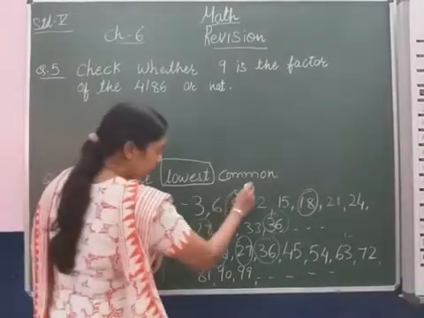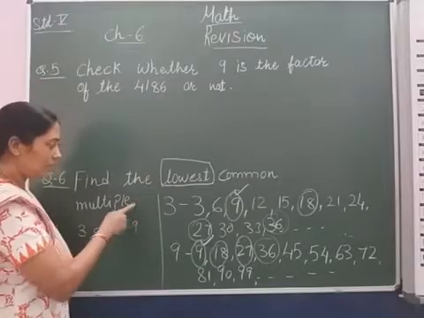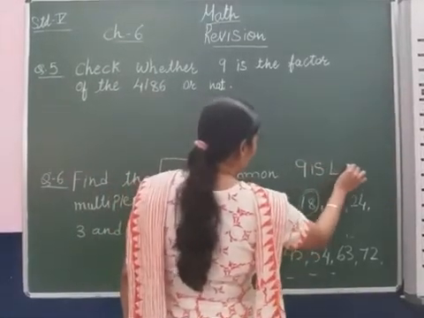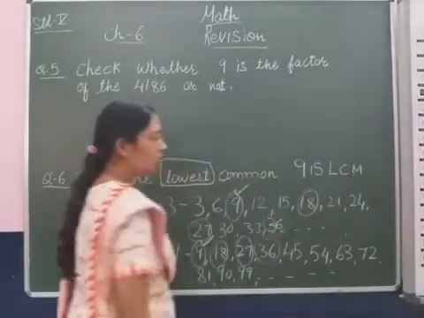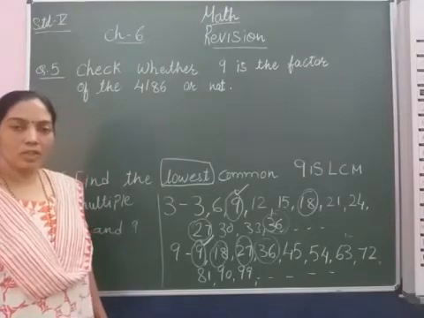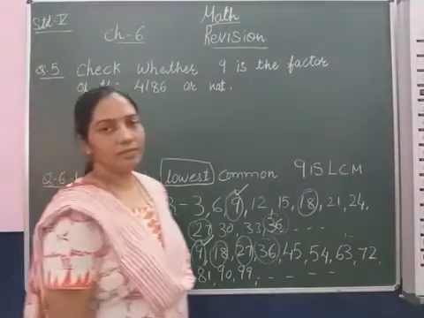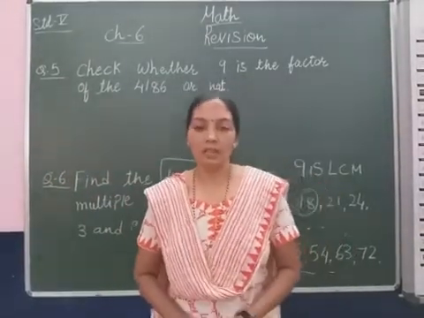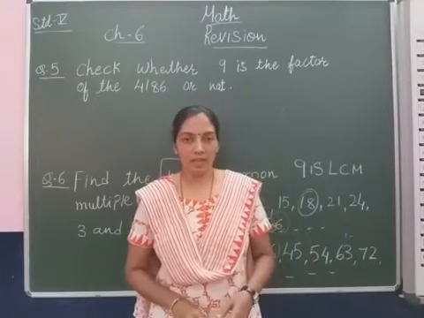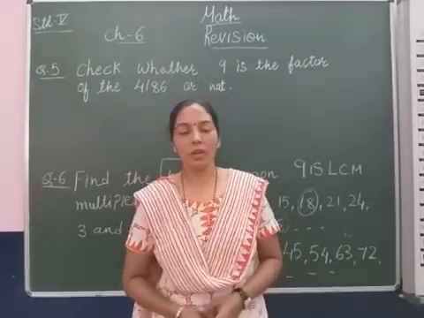So we can say that 9 is the lowest common multiple, in short the LCM. 9 is the lowest common multiple of 3 and 9. Students, this way you do more and more practice, so you will find it easy, and the question can also be twisted.